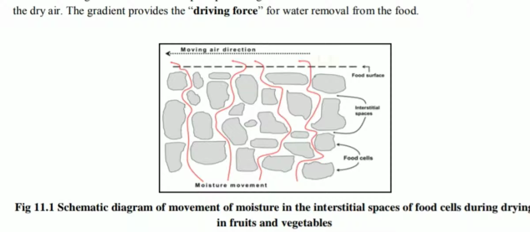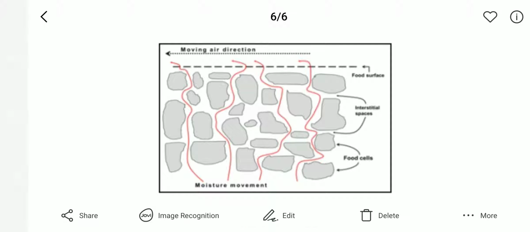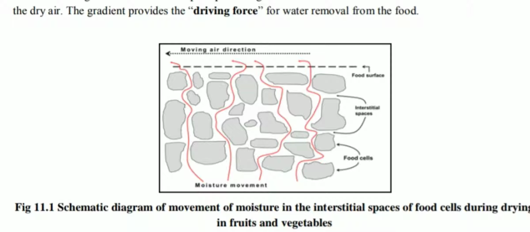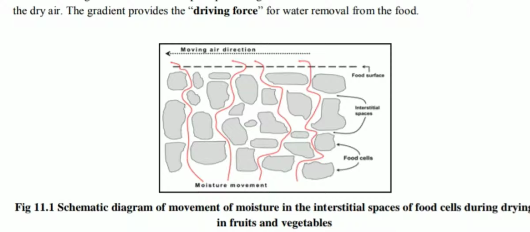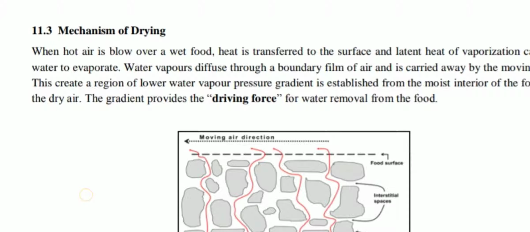The dotted line is the food surface, and from this surface hot air is moving in this direction. When hot air moves at the surface of the food, free water moves towards the direction of the moving air.